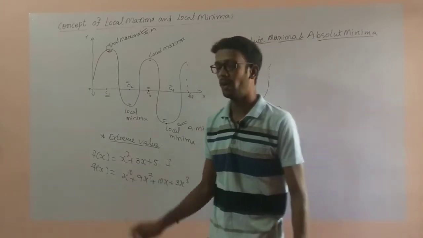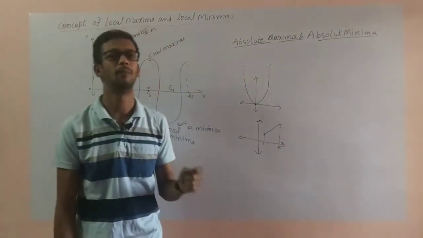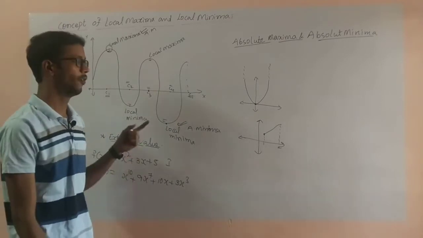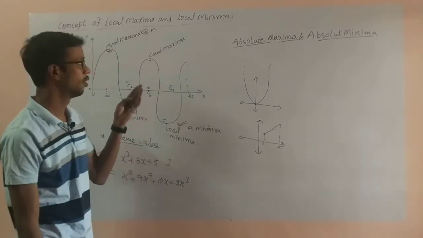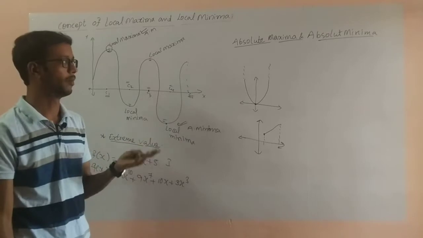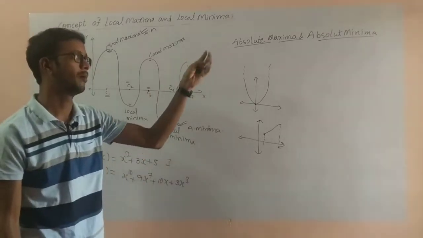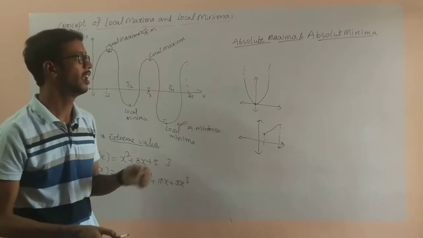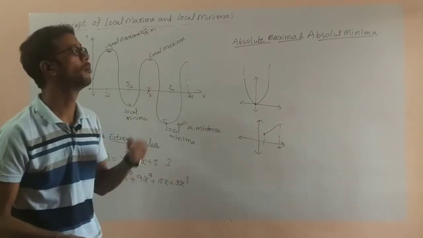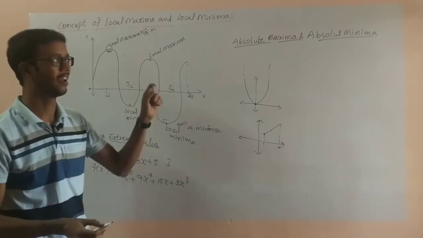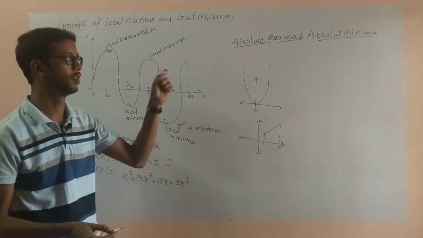So this type of question is solved by the applications of derivatives. By using the derivative concept, we will find local maxima, local minima, absolute maxima, absolute minima. Absolute maxima and absolute minima have other names also: greatest maxima, global maxima or global minima. That is another name for the absolute value.